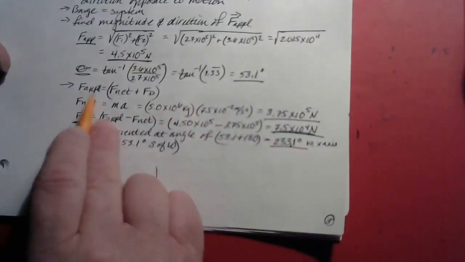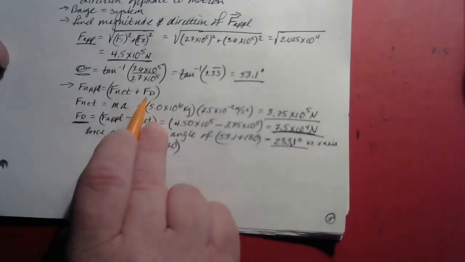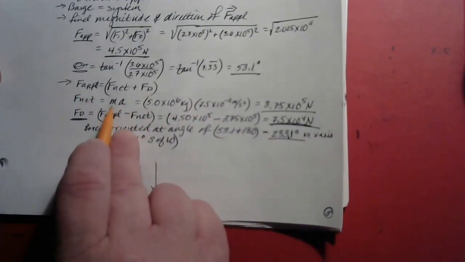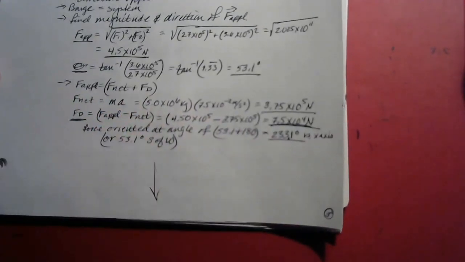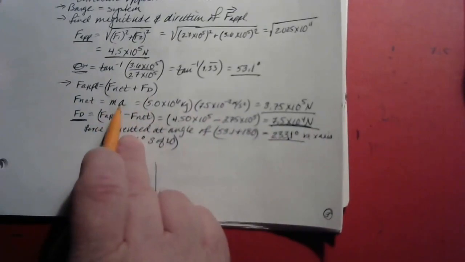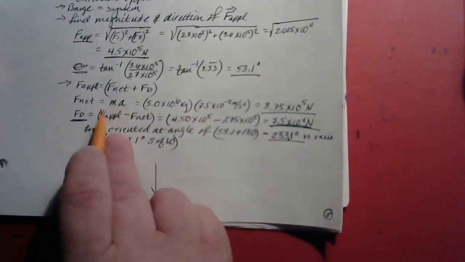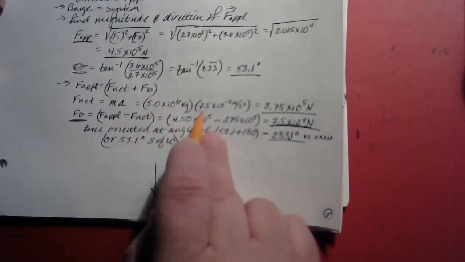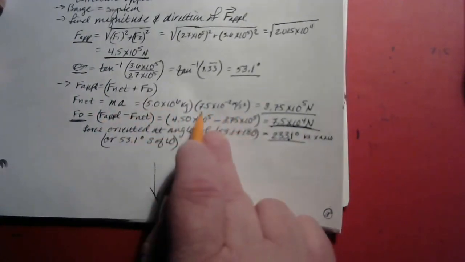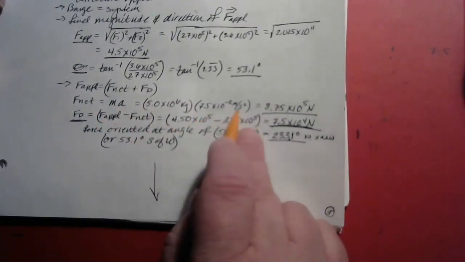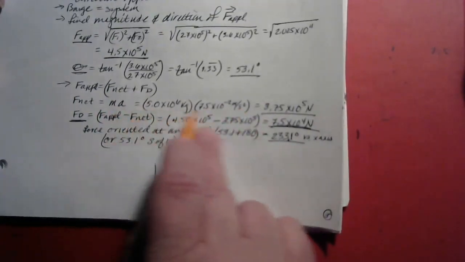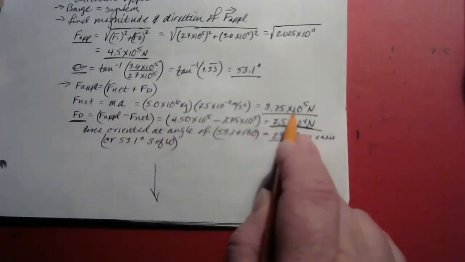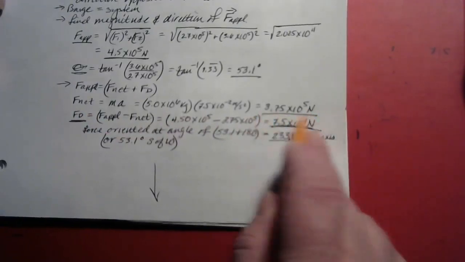So in other words, F applied is F net plus FD. F net is going to be mass times acceleration, that is the mass times the actual acceleration that actually occurs. And we know both of those terms. We know that the mass is 5 million kilograms, and we know that the acceleration was 0.075 meters per second squared. So mass times acceleration for the barge gives us an F net of 3.75 times 10 to the fifth, or 375,000 newtons.